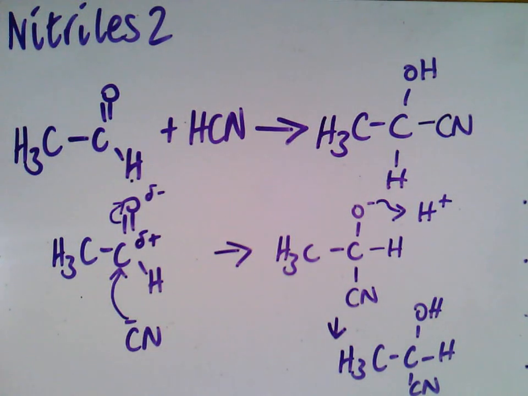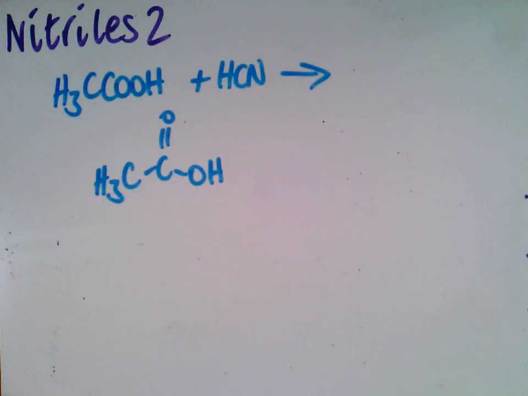So I'm going to ask you to show me what happens when ethanoic acid and when butanone react with hydrogen cyanide, please. What happens when ethanoic acid and when butanone react with hydrogen cyanide? Okay then, so ethanoic acid, we've got our H3C reacting with our hydrogen cyanide.